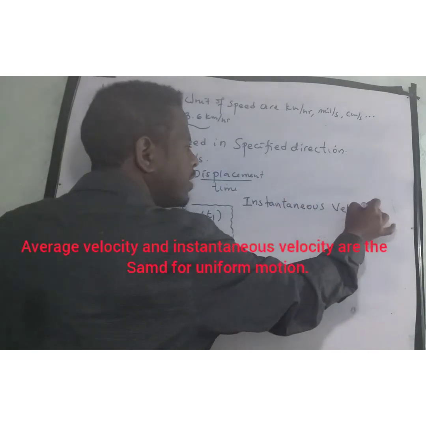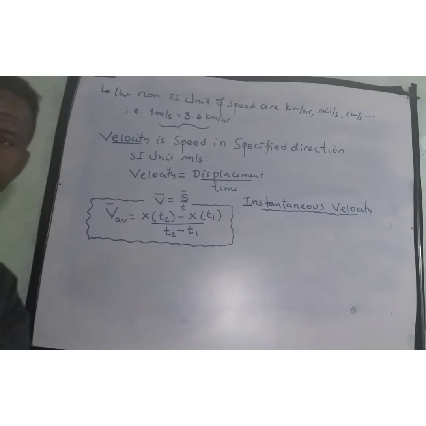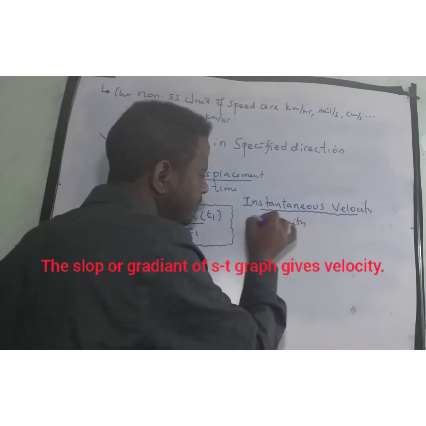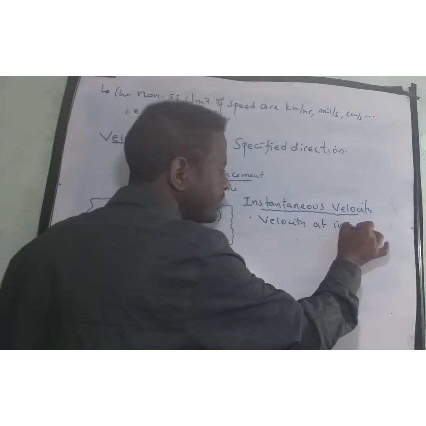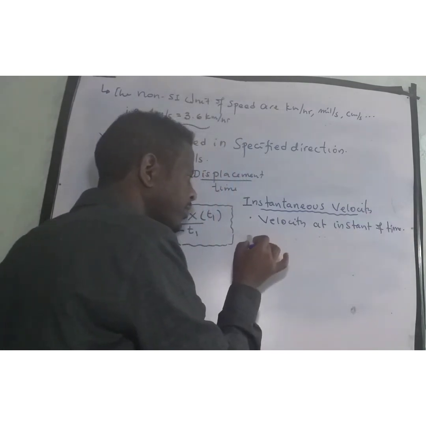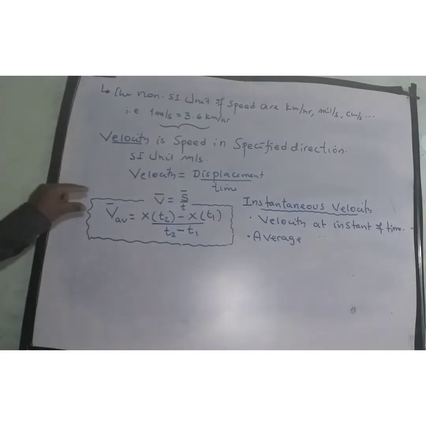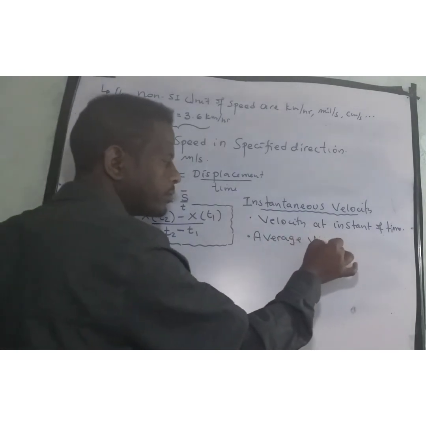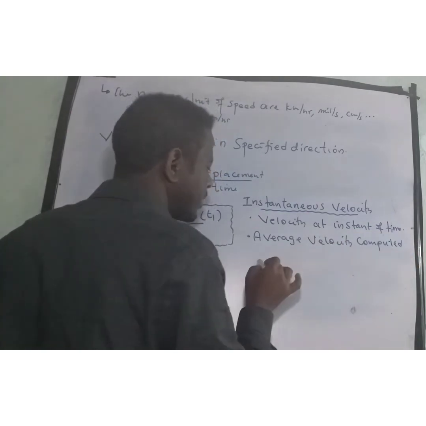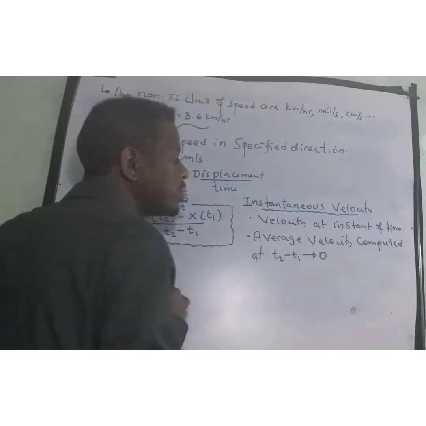Instantaneous velocity is the velocity at an instant of time, or instantaneous velocity is the average velocity computed at t2 minus t1 close to 0.